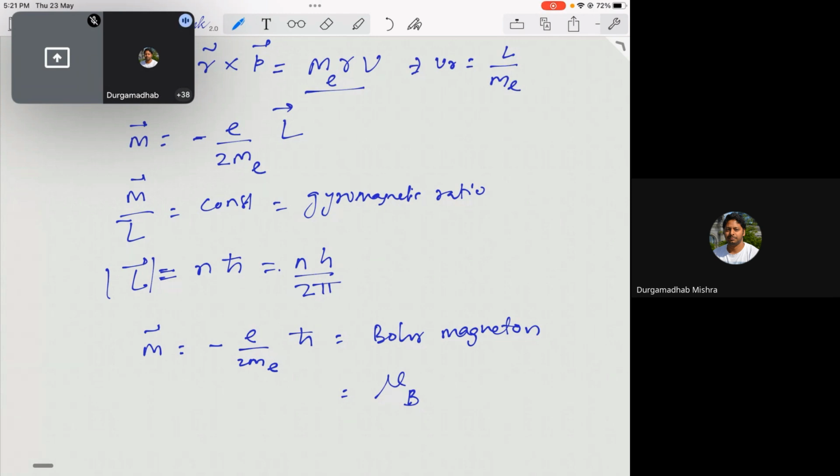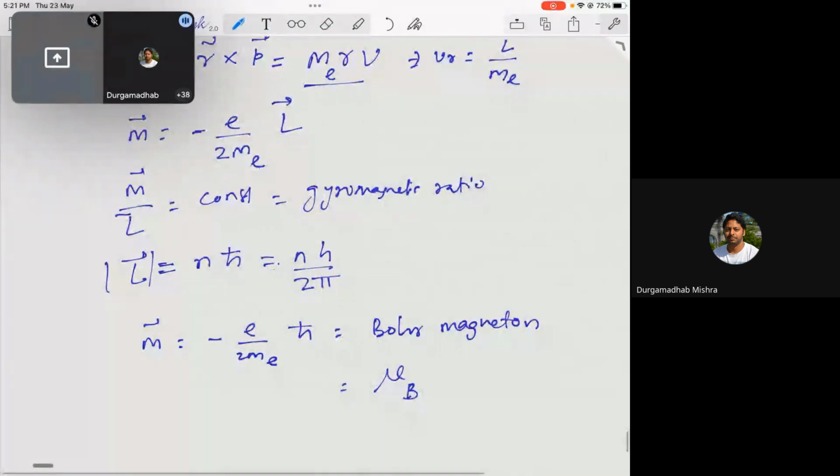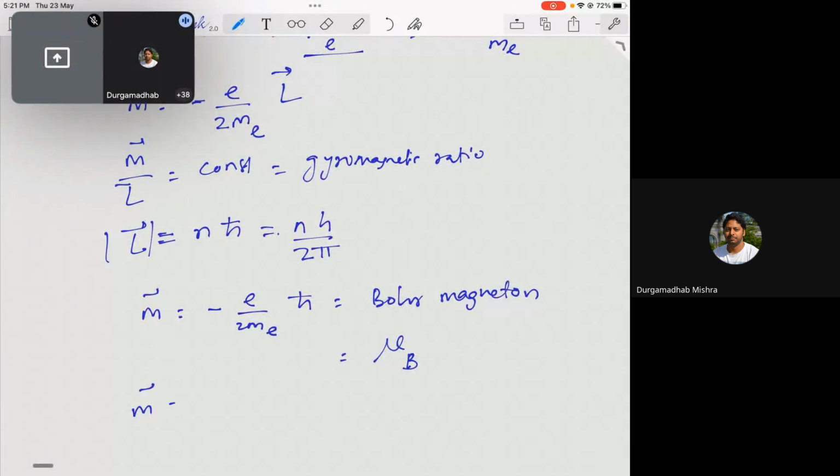Of course, the exact origin of why the spin is there and how it leads to a magnetic moment can be explained in quantum mechanics and advanced quantum mechanics. But simply, we can say this magnetic moment also depends on the spin angular momentum, and this is the relation.